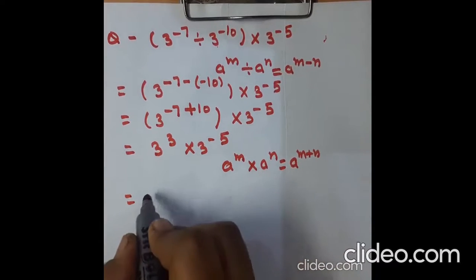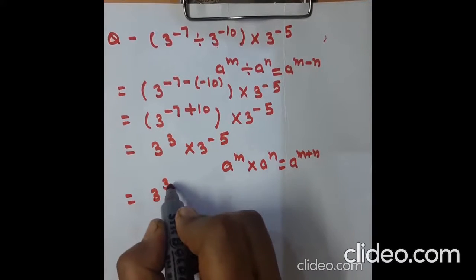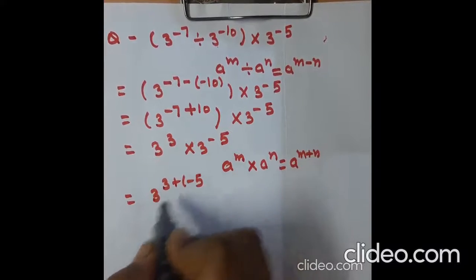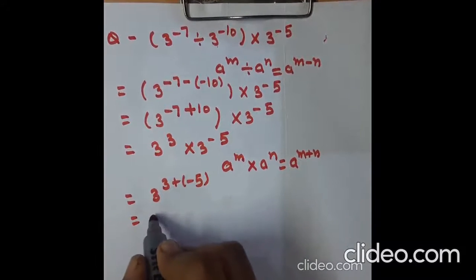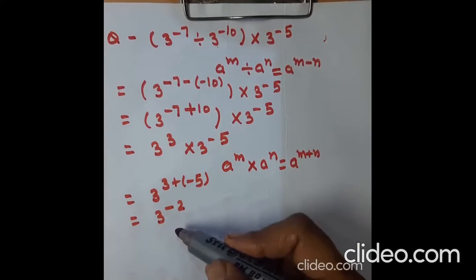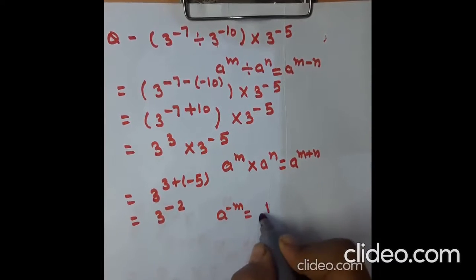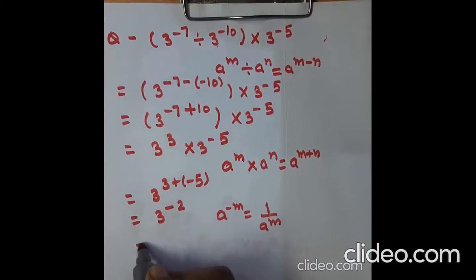So it will be 3 raised to the power 3 plus minus 5, that is equal to 3 raised to the power minus 2. Here we use again the law of exponents that a raised to the power minus m is equal to 1 upon a raised to the power m. So 3 raised to the power minus 2 will be equal to 1 upon 3 square, which is equal to 1 upon 9.